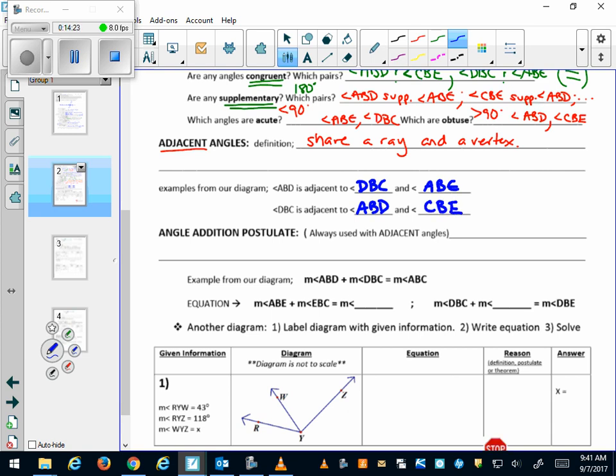Okay, so this is really the important piece of this lesson right here. The angle addition postulate is going to be one of the things that we really use a lot.